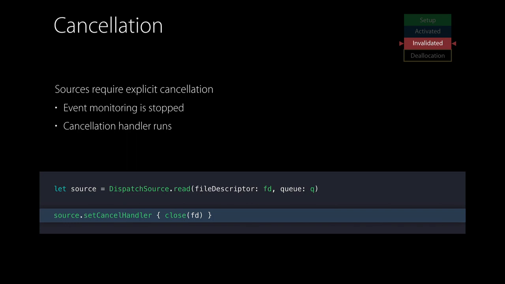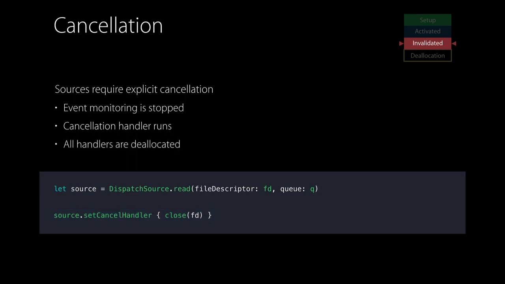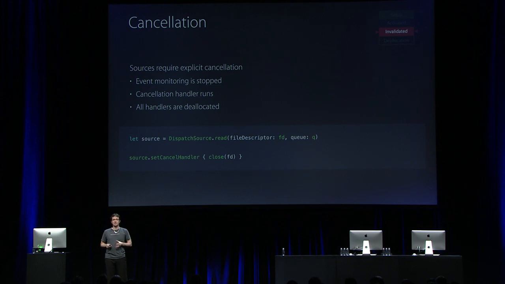Last but not least, cancellation for sources is when your handlers are destroyed. Handlers are closures. They capture various objects, maybe even the source itself. They can be part of a retain cycle. Calling cancellation is how you can break that retain cycle. It's why it's very important to always cancel your sources.